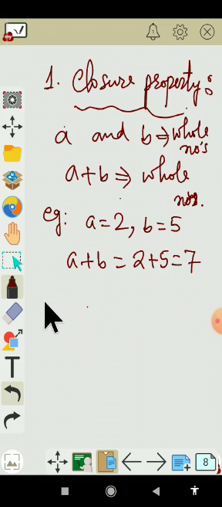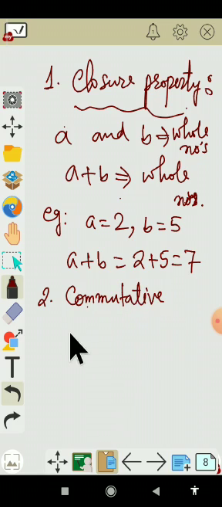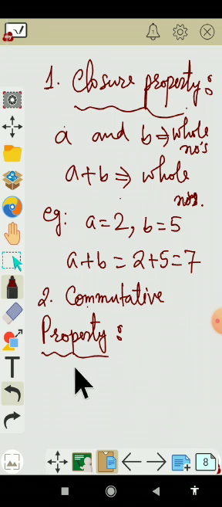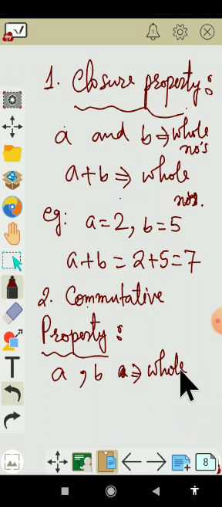Then the commutative property. What do you mean by commutative property? If a is a whole number and b is another whole number, then in the commutative property a plus b equal to b plus a.